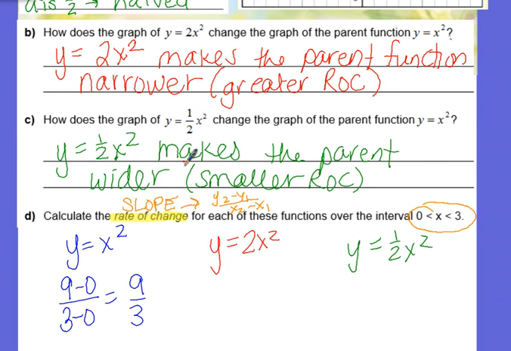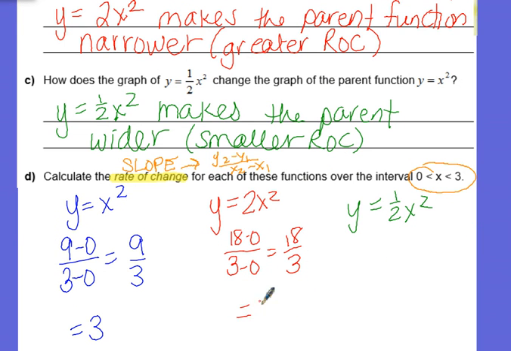And we will have here 18 minus 0 over 3 minus 0, which equals 18 over 3, which is equivalent to 6. Okay, so we can see that the red one here has a greater rate of change than the blue one. This one is 6, while this one is 3, which makes sense because this one, the leading coefficient is 2, while the parent, the leading coefficient is 1.